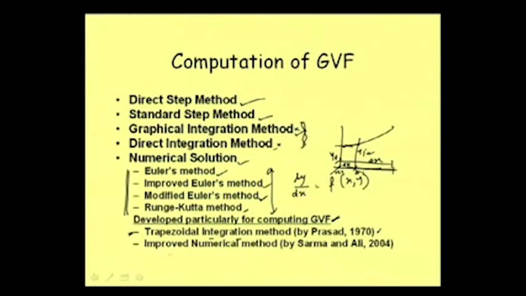So we tried to develop another method which can give us the correct result even if our delta x is significantly large. That method we named the improved numerical method. About all those methods we will be discussing briefly under this particular topic.